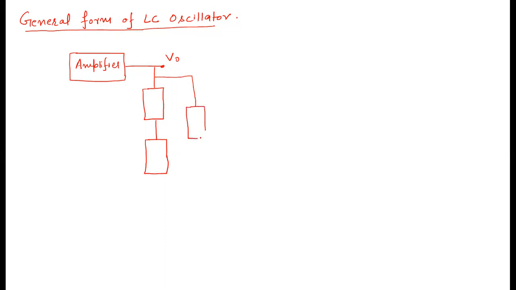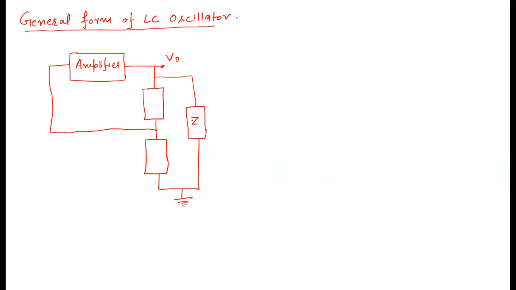So this is the kind of feedback circuit in LC oscillators. And the output of this circuit is given to the input of the amplifier. And this is the ground.